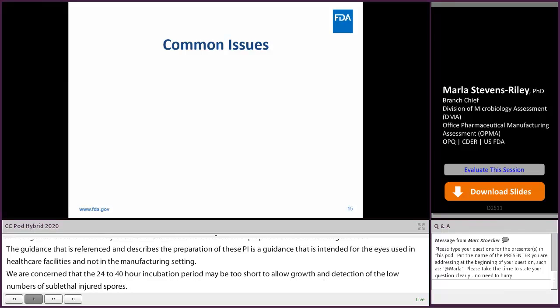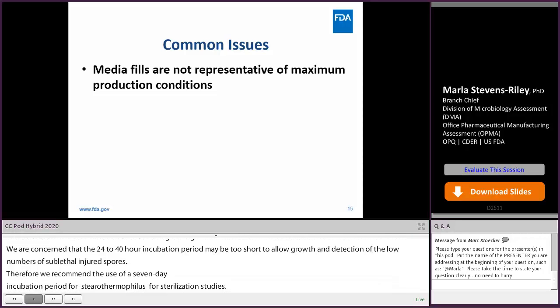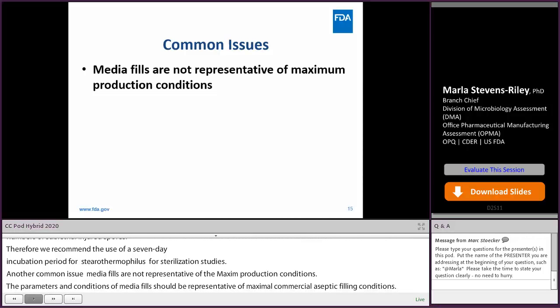Another common issue: media fills are not representative of the maximum production conditions. The parameters and conditions of media fills should be representative of maximum commercial aseptic filling conditions. Now, what does it mean to be representative? It means that the media fills are designed to simulate all aspects of commercial production.